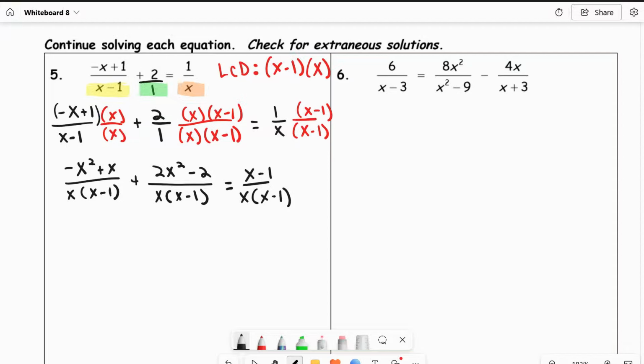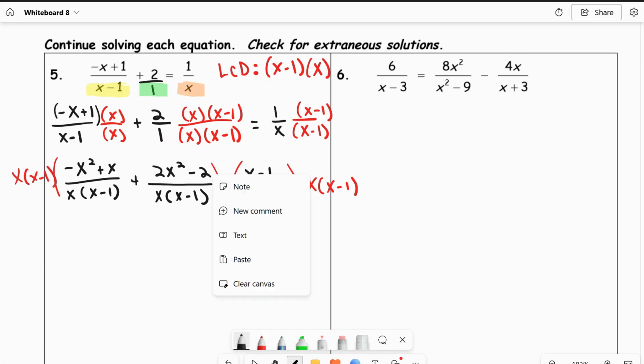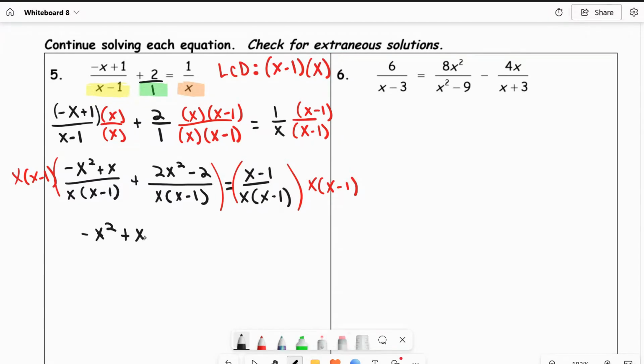All right, so now I have a common denominator. So now I'm going to undo my fractions by multiplying both sides by x times x minus 1. Okay, which will leave me with negative x squared plus x plus 2x squared minus 2 equals x minus 1.